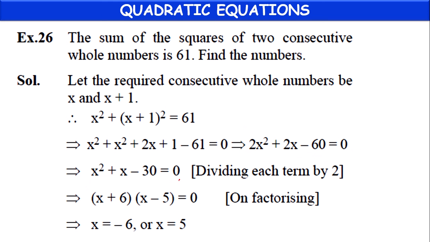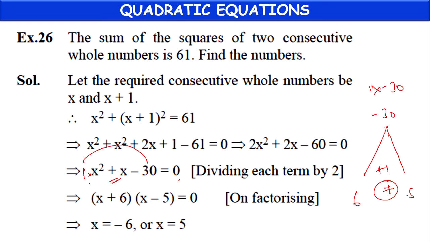Here a is 1. The product of a into c is 1 into minus 30, to be divided into 2 terms such that their sum equals the middle number plus 1.